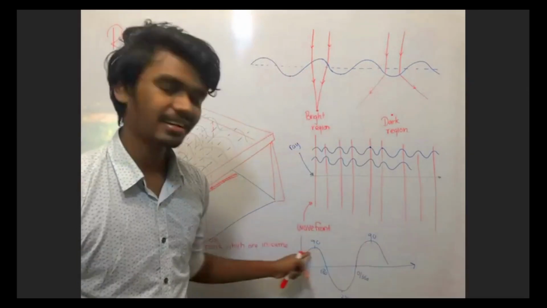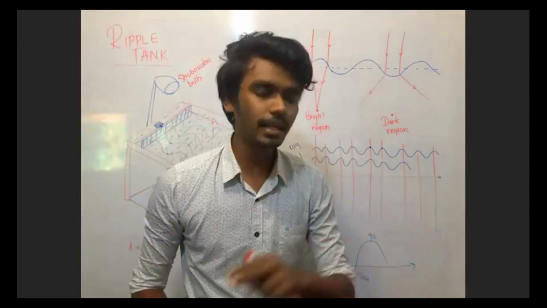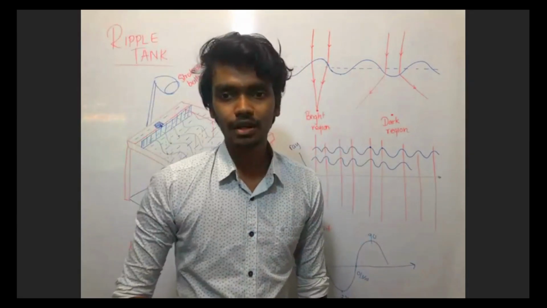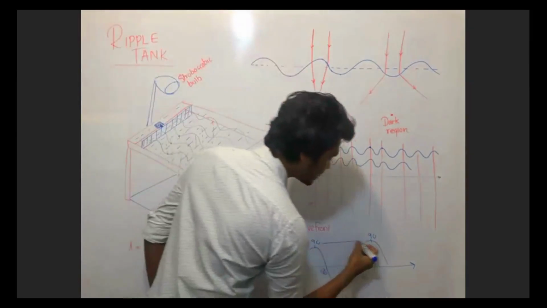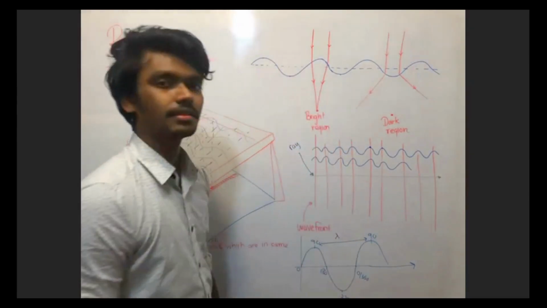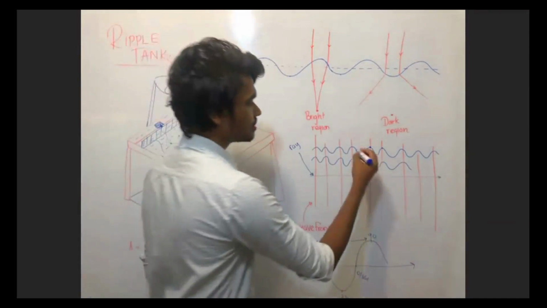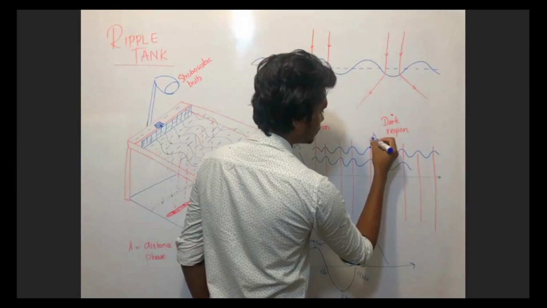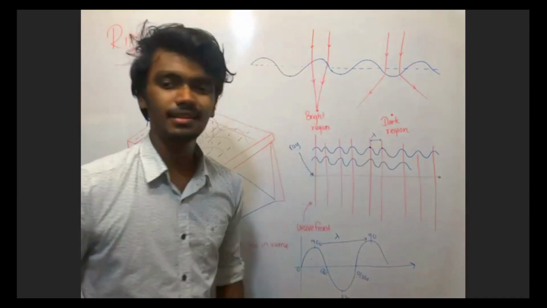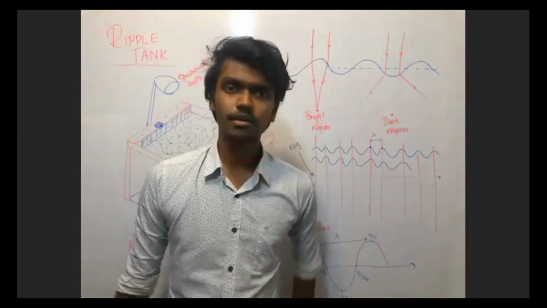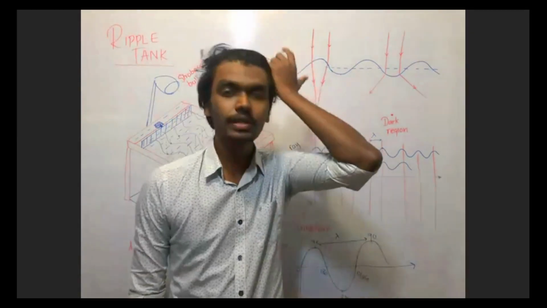So the distance between two adjacent crests means one wavelength. So this is one wavelength, one lambda, right?